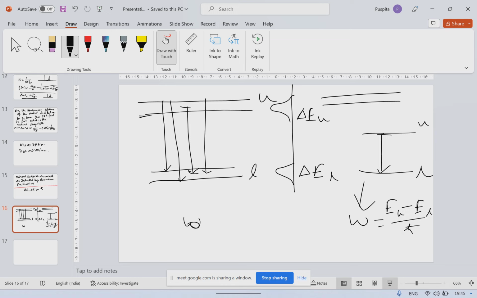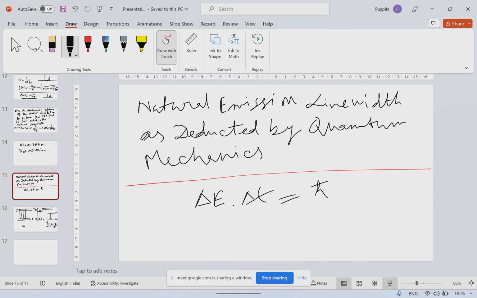But when there is a broadening in the energy bandwidth itself, how can we get only one frequency for the transition between these two levels? So the energy levels get broadened, and there will be an associated delta t also.